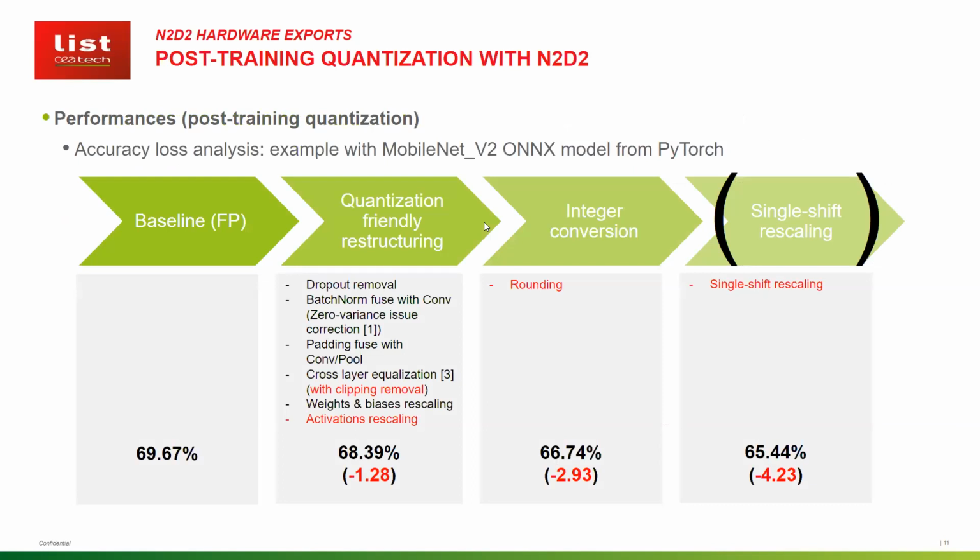The performance which can be seen here was obtained with MobileNet V2 from the classical ONNX model done in PyTorch. Here you can see with different steps how we can lose precision. What we can see is that in 8 bits, we lose at the end something like 4%.